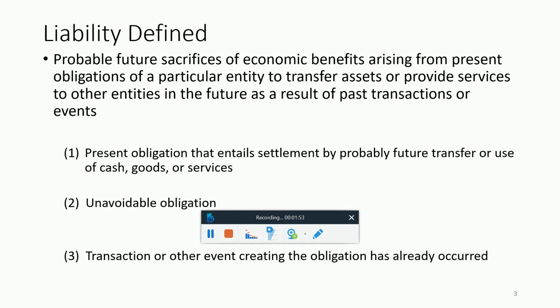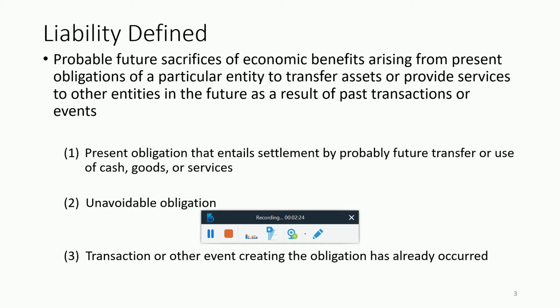When you think about whether or not you have a liability, there's really three things to think about. The first is that there has to be a settlement of goods or cash or services. Think about when you buy something on account, right? You have bought, the transaction has occurred, and you have a future obligation to pay cash to whatever company you bought those goods on account from.